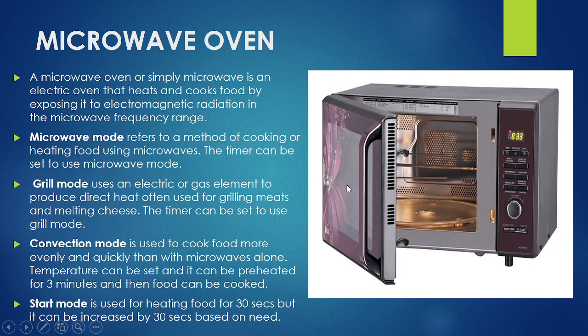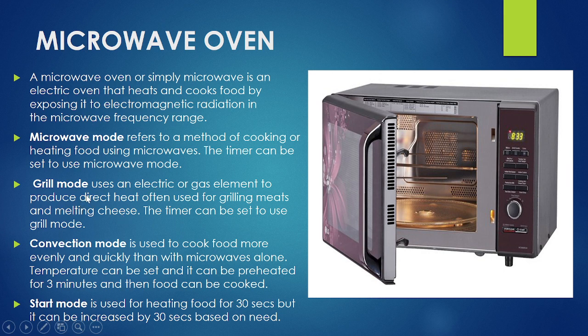Nowadays there are many more functionalities in the microwave oven, but in this project we are going to implement four important modes, which include the microwave mode. In this we can set the time for which we want it to microwave, and then it starts the timer, and when the timer reaches a particular value, the timer will be up.